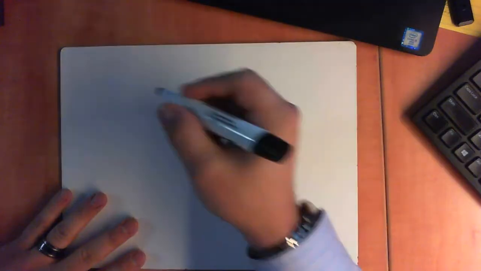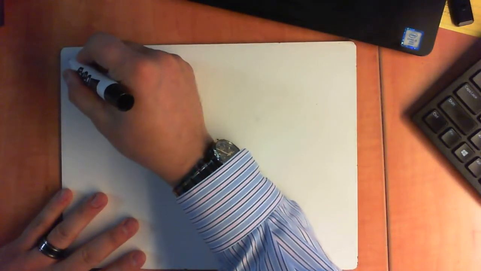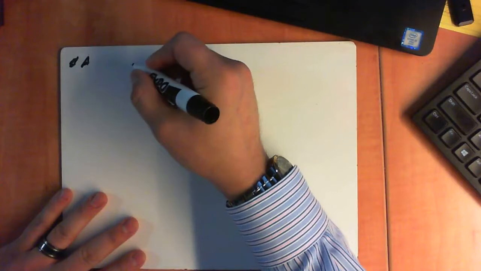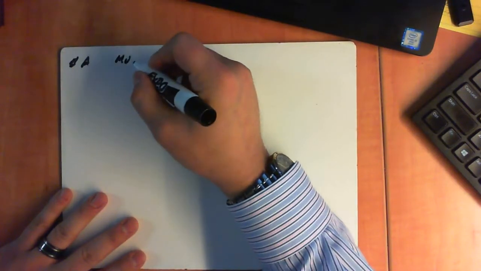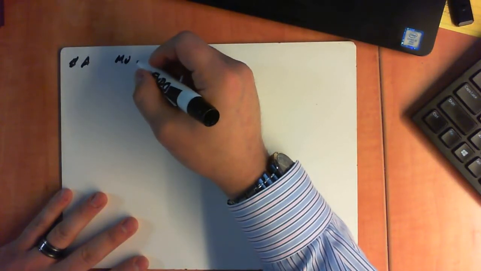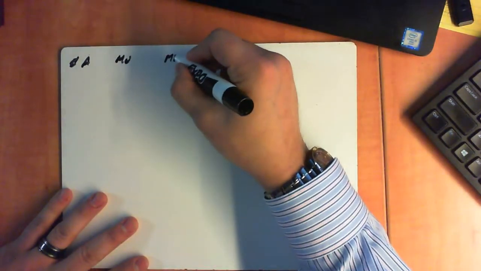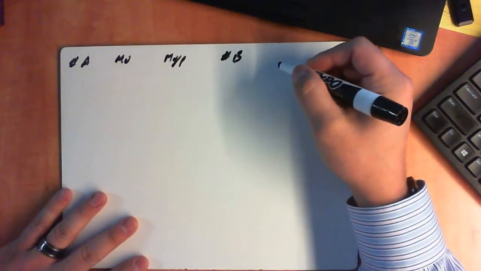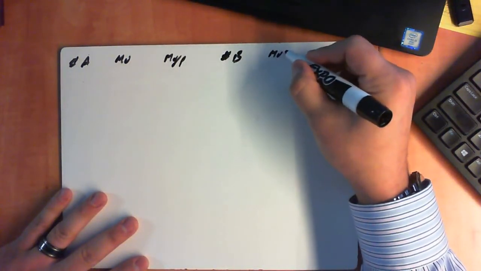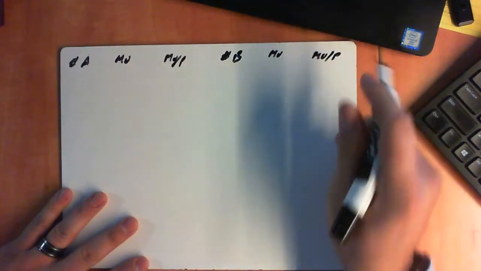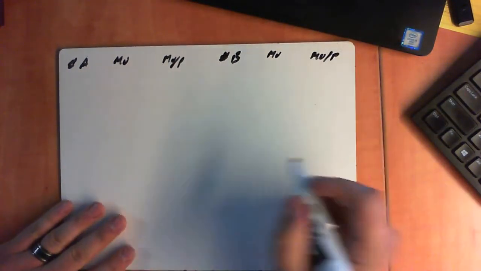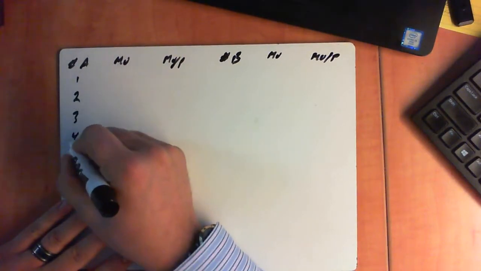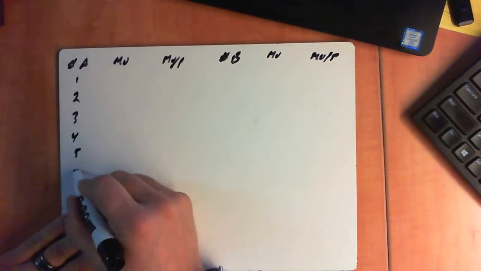So to expand on the concept of marginal utility per price, we're going to show you two schedules for units of good A and units of good B. And so this is number of units for A. We're talking about marginal utility for good A, and then the marginal utility per price for good A, as well as the number of units for good B, the marginal utility for good B, as well as the marginal utility per price for good B. So units 1, 2, 3, 4, 5, 6.